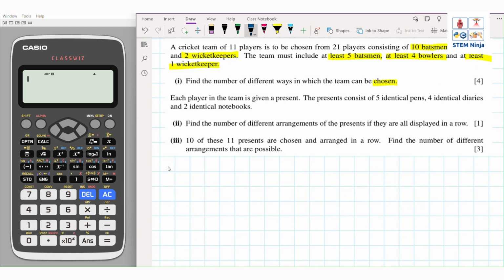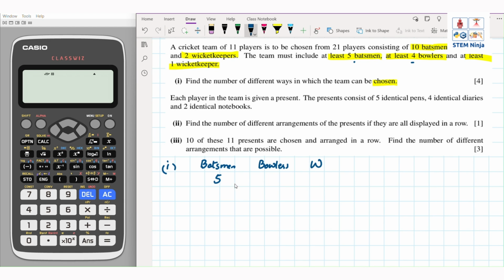Since we need to make a selection, we need to choose from batsmen, from bowlers, and from wicket keepers. For batsmen we need at least 5, for bowlers at least 4.